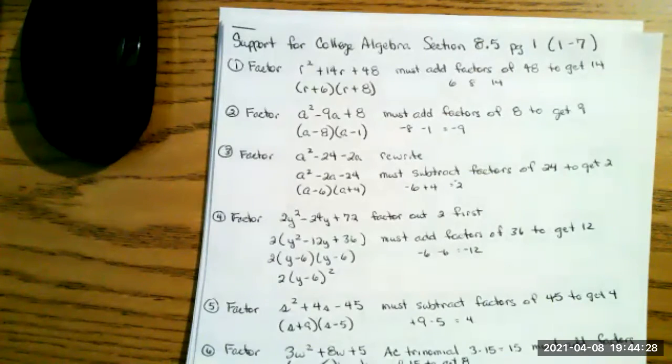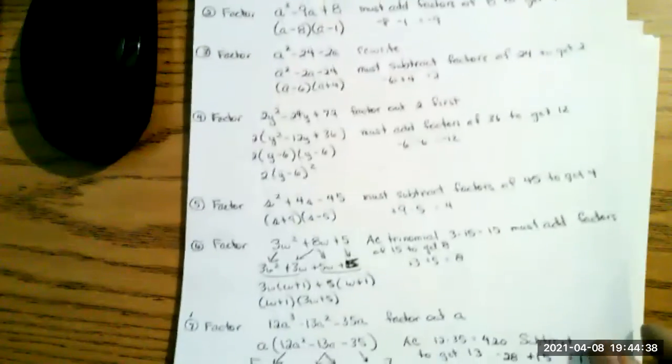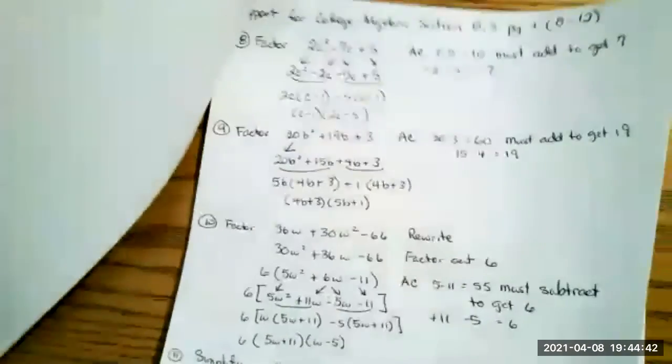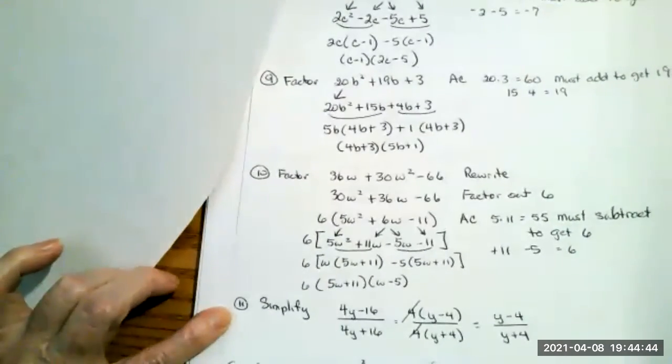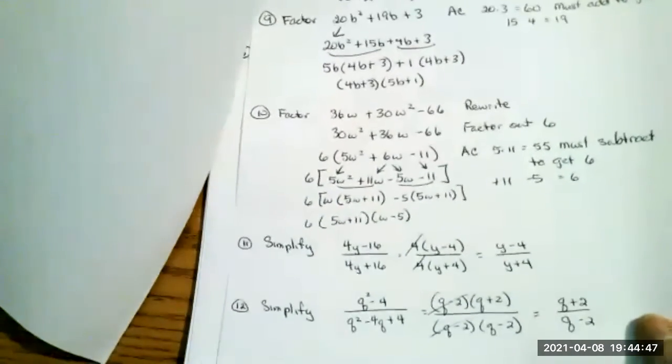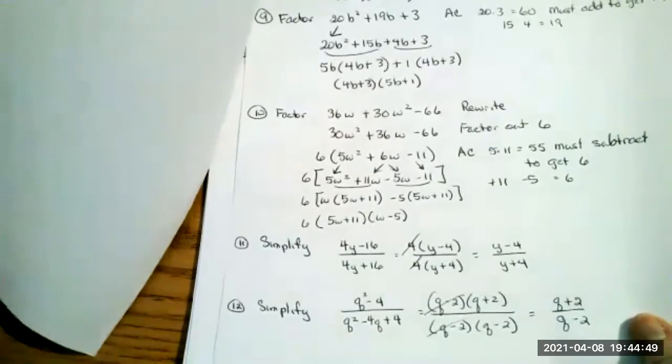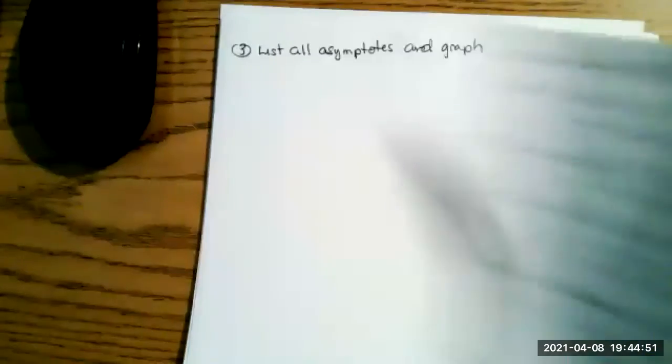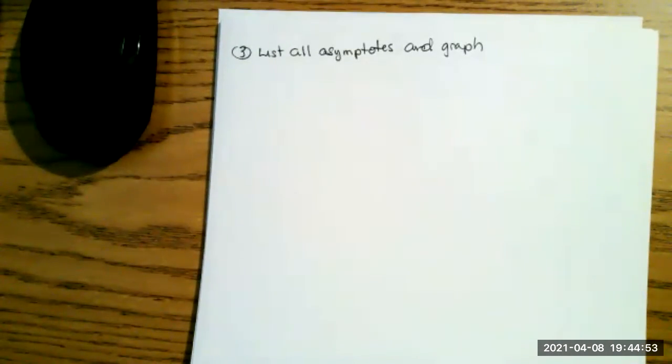I just wanted to know which one we were doing. Yeah, this one's not the support. For this 8.5, it's all factoring until you get to number 8, and then it's simplify. You have to simplify. But that's not hard. That's not a hard section.